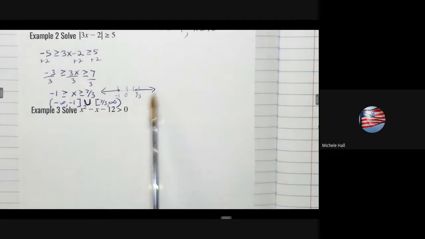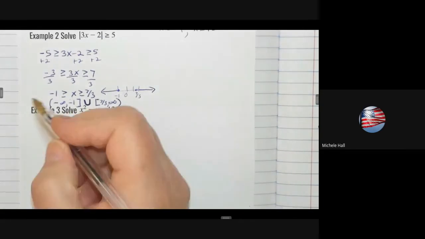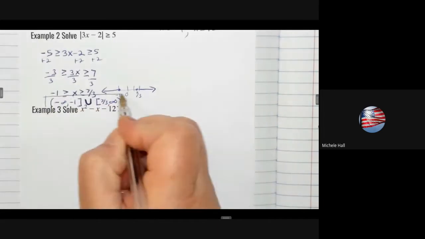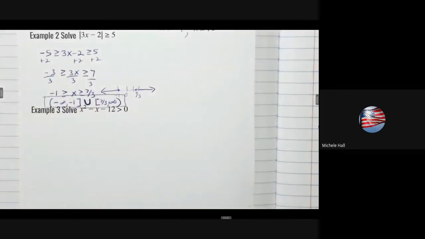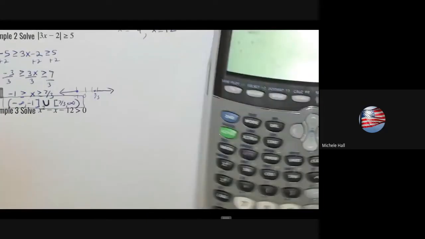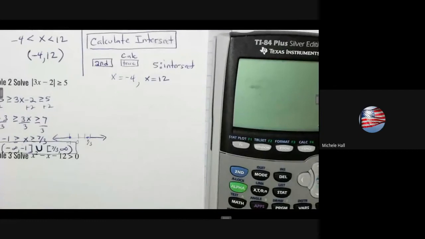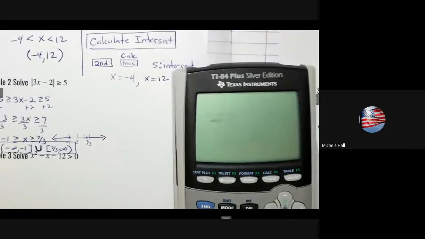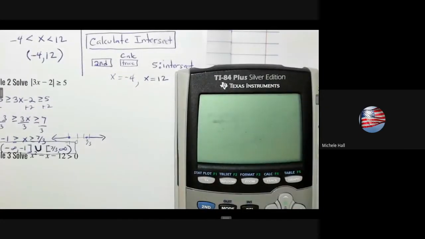I needed to look at the graph so I could better understand what the interval notation was. There's the algebraic. Now, graphically, we're going to do the same thing that we did last time. We're going to clear out what we have in there.